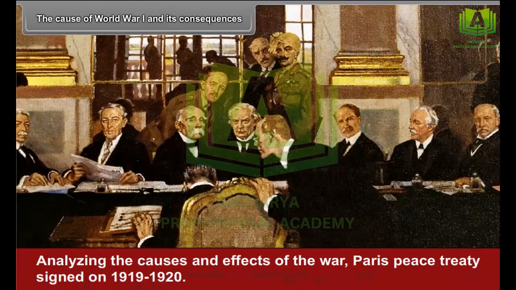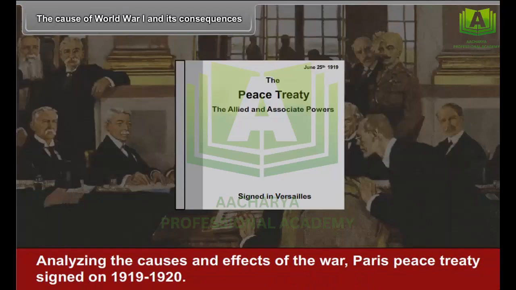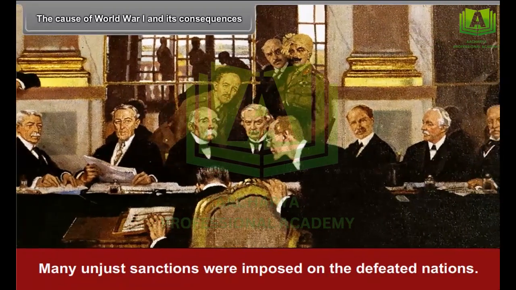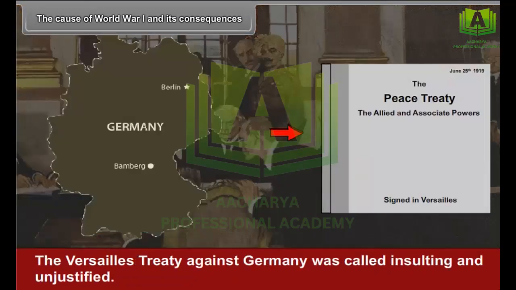Analyzing the causes and effects of the war, the Paris Peace Treaty was signed from 1919 till 1920. Many unjust sanctions were imposed on the defeated nations. The Versailles Treaty against Germany was called insulting and unjustified.